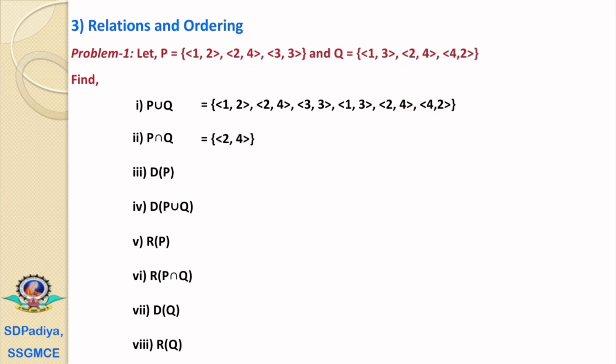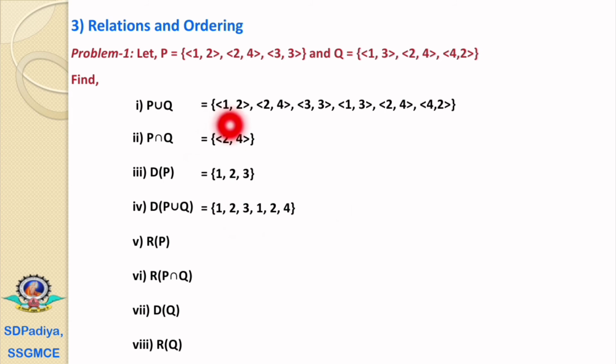The second is P intersection Q, that is the similar ordered pairs between P and Q. When we focus on P and Q, we can conclude that the ordered pair (2, 4) is similar in P and Q. The next is the domain of the set P, meaning every first element of all the ordered pairs, that is the set {1, 2, 3}. Then the domain of P union Q. We have already found P union Q, and the domain means the first element of every ordered pair.